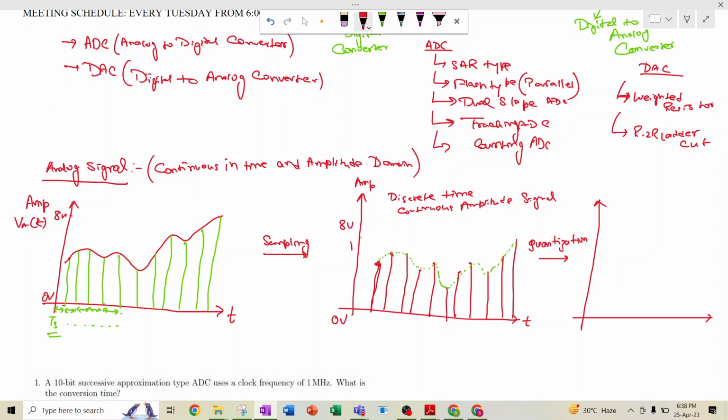If we quantize it, this is one level, this is another level, this is the third level, this is the fourth level, this is the fifth level, and like this we have quantized the samples.